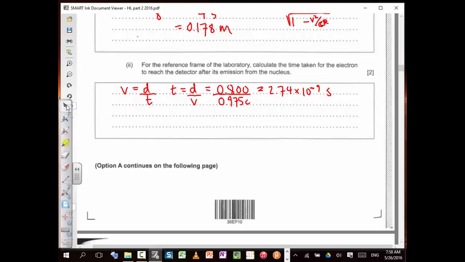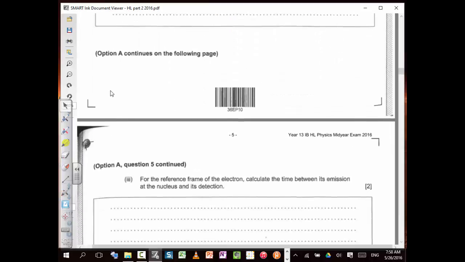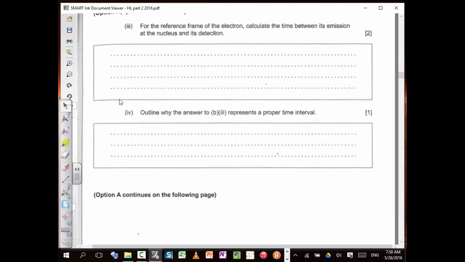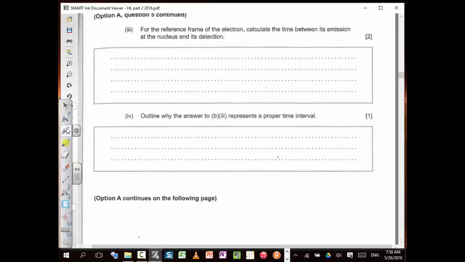Again, if you'd used the rounded value of 0.98, you would have still been marked correct. For the reference frame of the electron, calculate the time between its emission at the nucleus and its detection. There are two ways to go about this. One is that we can use the fact that T naught is equal to T over gamma, because the electron measures the proper time.